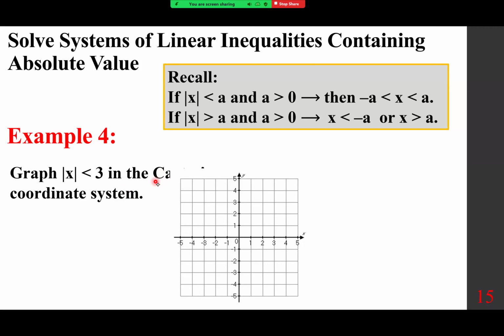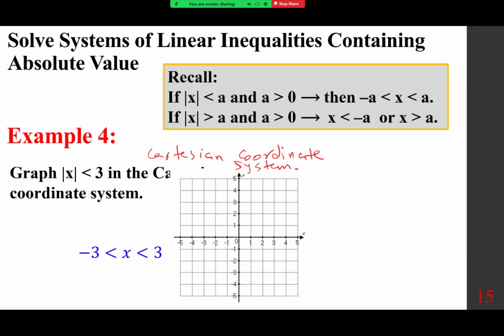The reason we want to do it with the Cartesian coordinate system is because the absolute value of x less than 3 can also be graphed on a number line.